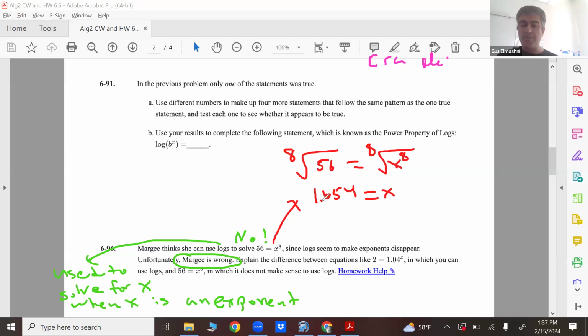So you don't use logs. You take the eighth root. But for the next one, we do use logs.